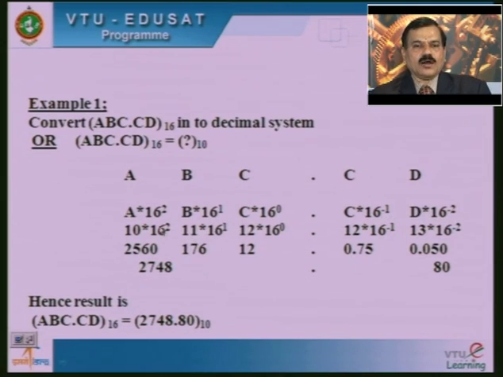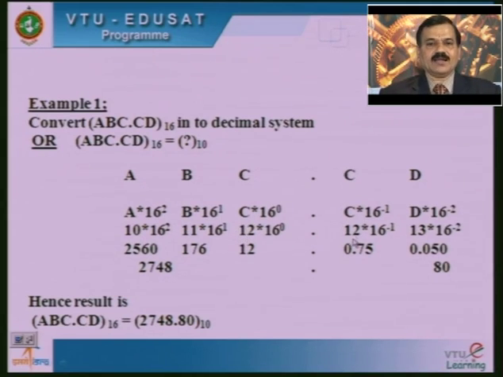Then go on multiplying. What is A? A is equal to 10 and B is equal to 11 in decimal, and C in hexadecimal is 12 in decimal, and similarly after the radix point, C is considered as 12 in decimal and D is considered as 13 in decimal.